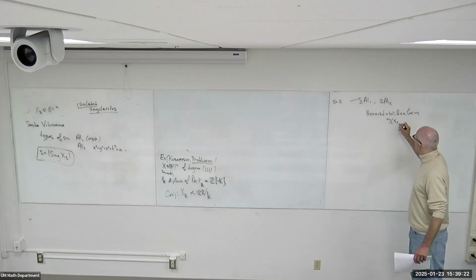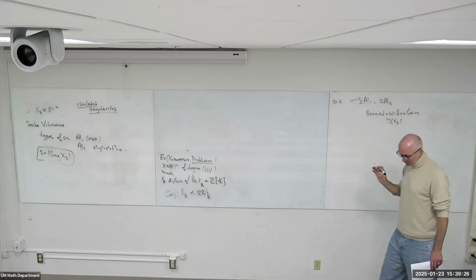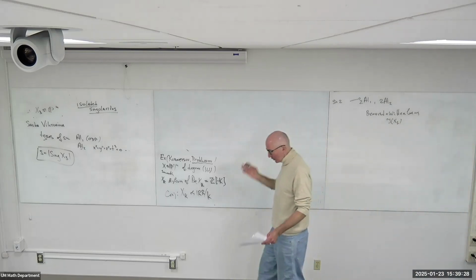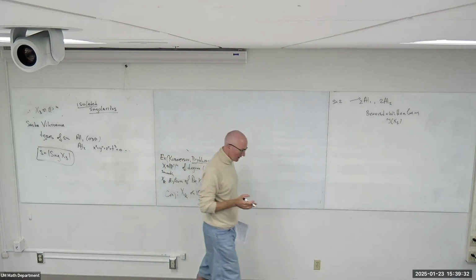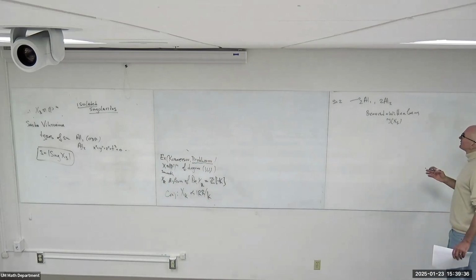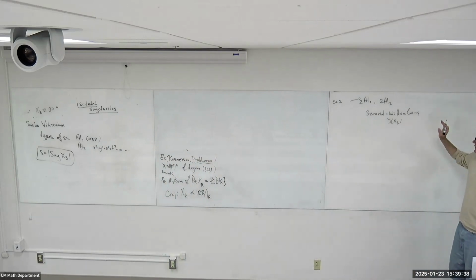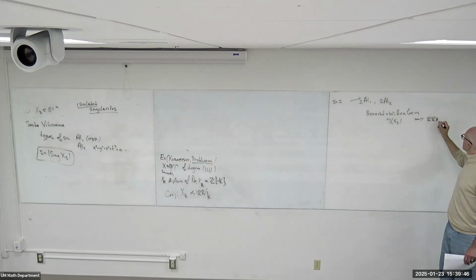You can show that the intermediate Jacobian of this cubic threefold is a Jacobian of a plane quartic curve, but over C. It's not a Jacobian over R. So using the result, you can show that this is always irrational over R.